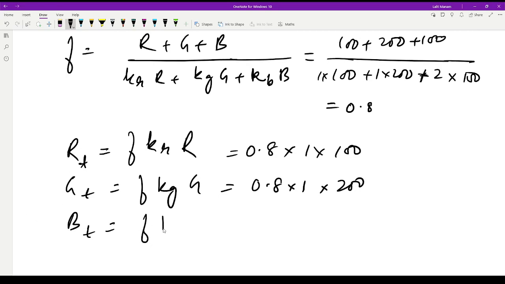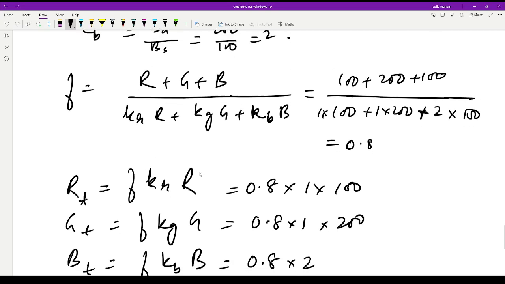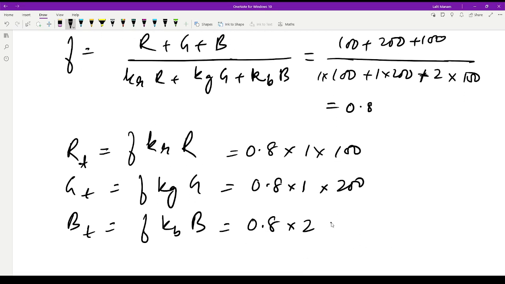BT is F KB into B. Gain factor here is 2, right? 2 into 100. What does this turn out to be? This is 80, 160. This is also 160.